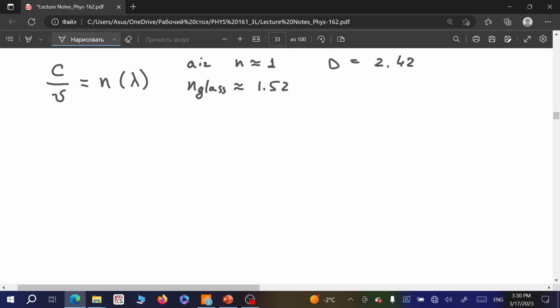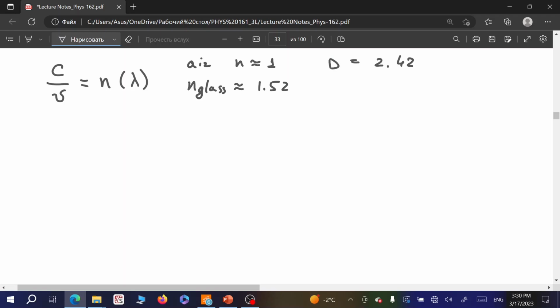The larger the difference between the refractive indexes of air and the substance, the higher the reflectance coefficient, the higher the ratio of light reflected from the interface between these two materials. So obviously with diamond, much more light will be reflected from the interface with air, and that's why it looks so sparkly.